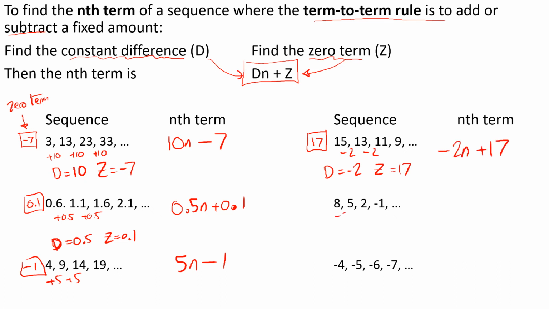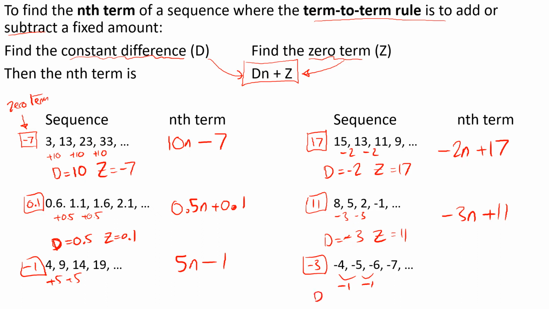What about the next one? Going down in 3s. Our zero term is 11, so d is minus 3, z is 11, so it's minus 3n plus 11. And what about our last one? Well, our last one is decreasing by 1s, and our zero term would actually be minus 3, you can see if you go from right to left it's going down by 1 each time.